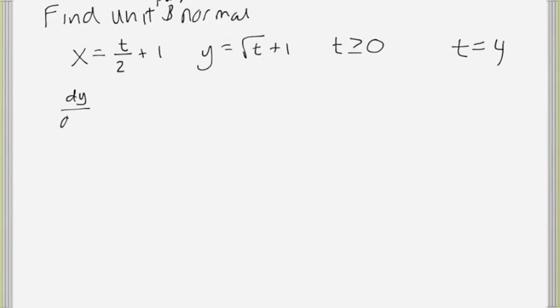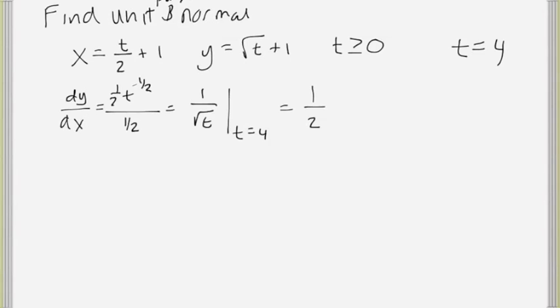So we're going to do dy over dx. dy is 1/2 t to the negative 1/2. dx is just 1/2. So this all turns into 1 over the square root of t, which at t equals 4 is 1/2. So the slope of our tangent is 1/2.